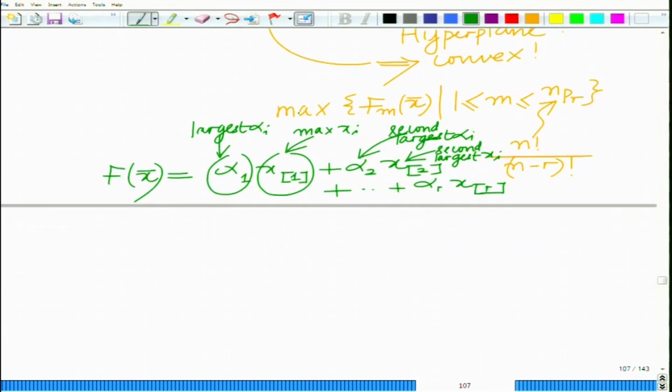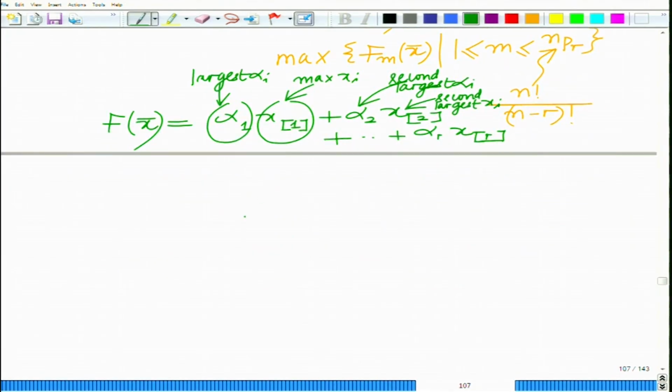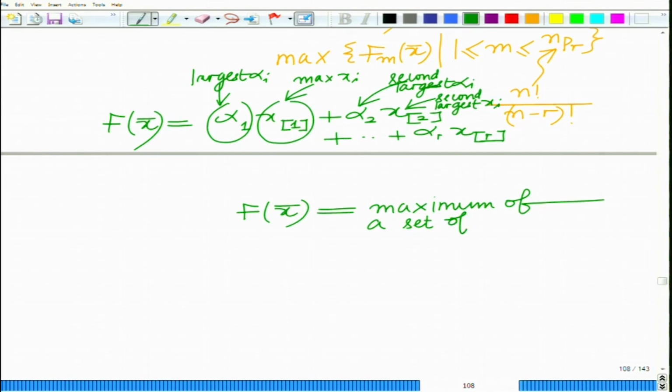Now, you can see that f of x bar is the maximum, in fact the pointwise maximum, that is, for each x you are taking the pointwise maximum of a set of nPr convex functions, in fact hyperplanes.